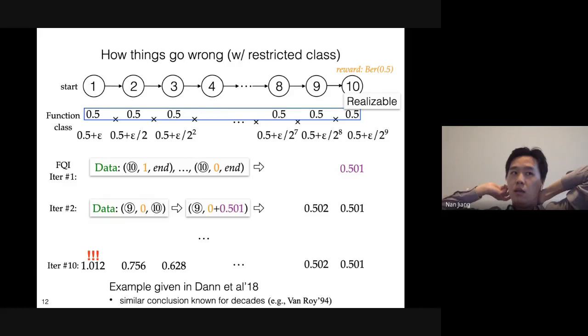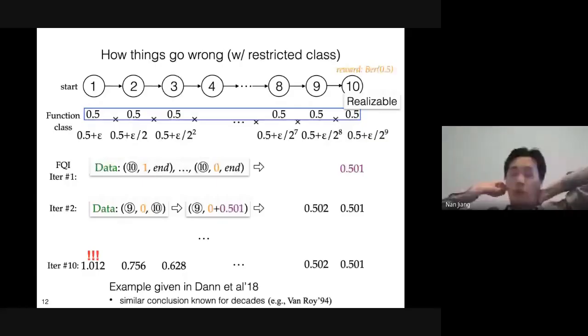Precisely what we have here is an accuracy that says if you literally run FQI or basically any one-step TD style algorithm, your sample complexity is lower bounded by 2 to the h. Right?